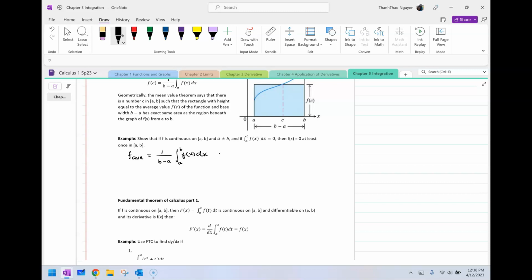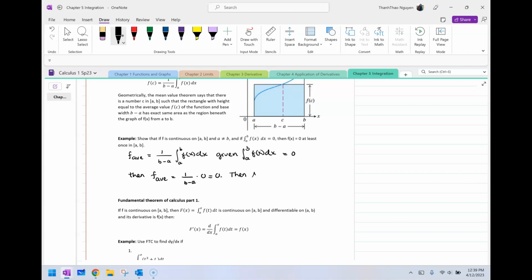Now we are given that the integral from a to b of f(x) dx is equal to 0. This means f average is equal to 1 over (b minus a) times 0, which equals 0.